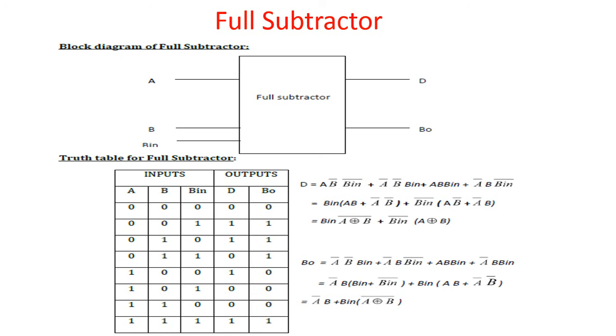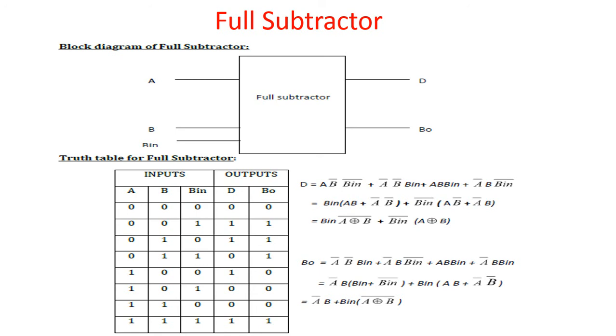So just the subtraction of this one, A minus B minus B in. For the 0, 0, 0 input, difference is 0, borrow is 0. 0 minus 0 is 0, again 0 minus 1. We are saying that 0 minus 1 gives difference 1 and borrow also 1.